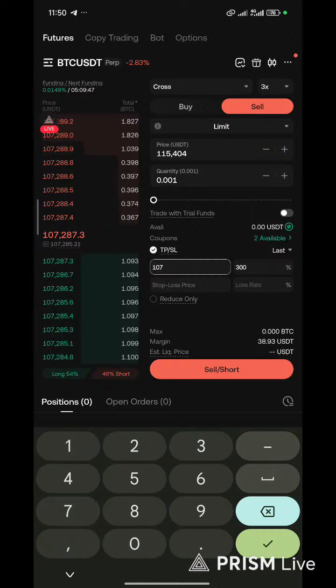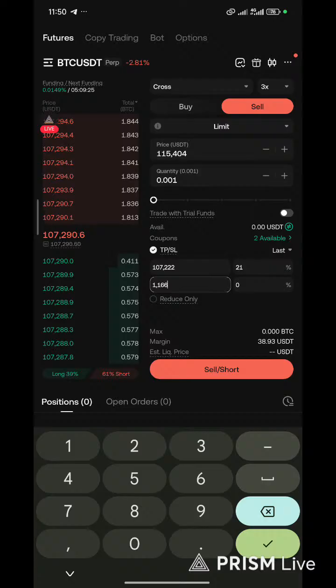Now you set your take profit to be what? 107,222, and stop loss to be what? Don't look at the market because this is just the current market. I'm just telling you, assuming we are at that position now, this is how you would have entered the trade and made your profit.